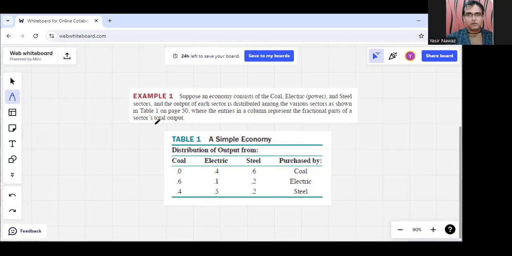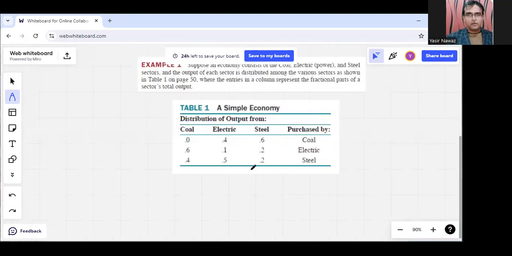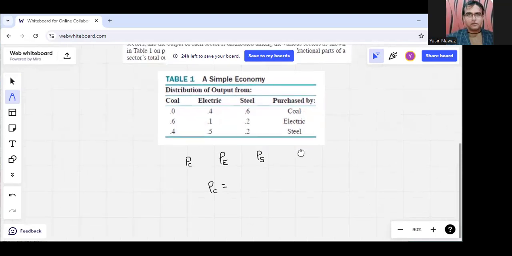So suppose that the output of coal is represented by PC, the output of electric is represented by PE, and the output of steel is represented by PS. Now, the total output of coal is equal to, and what will be the input?